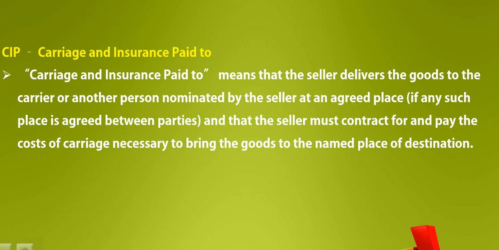But the obligations of the seller stop at carriage, though he has to pay for the carriage and insurance to the destination agreed between the two parties. That's the difference, meaning that the risk and cost point is different. That is CIP.